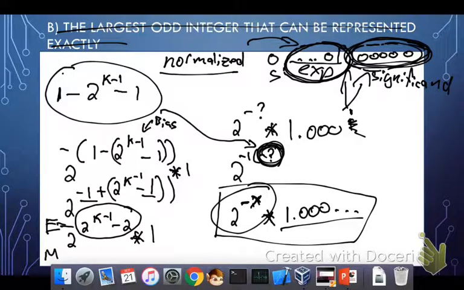So my m is simply going to be a 1, because these are the zeros with the 1 implied in front of it. And my f is just going to be a bunch of zeros, so you could just say 0. Okay?